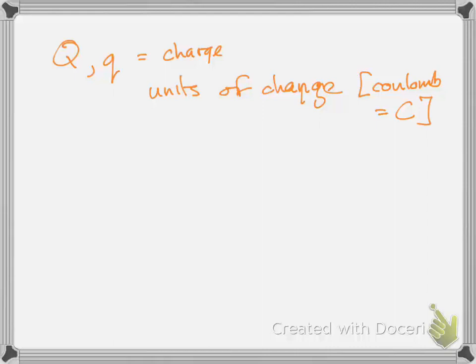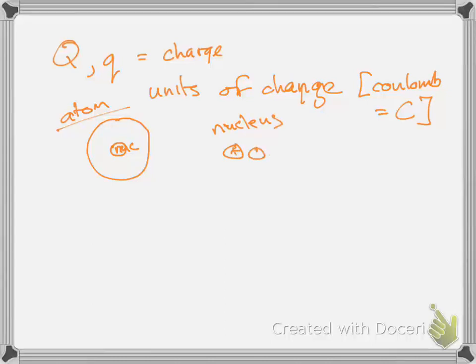Now there is a fundamental unit of charge, and the fundamental unit of charge is the charge of the electron or the proton. Now remember, in an atom, so this is not the Earth anymore, it is now an atom. In an atom, you have the nucleus, and in the nucleus, you typically have plus charges and neutral charges.